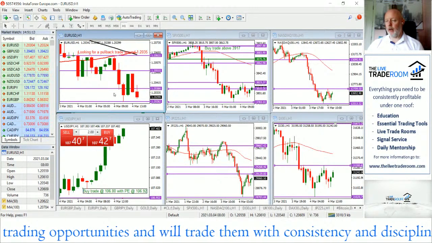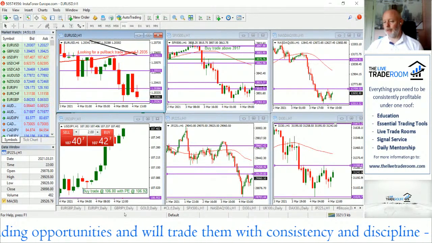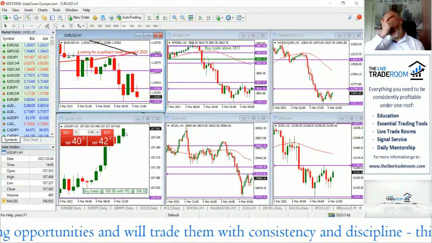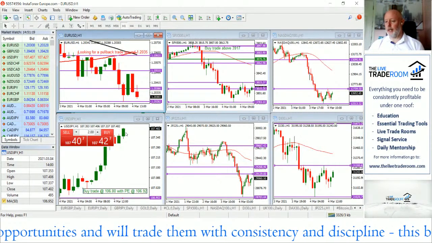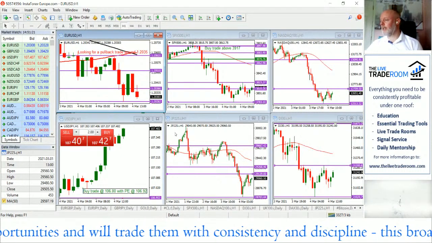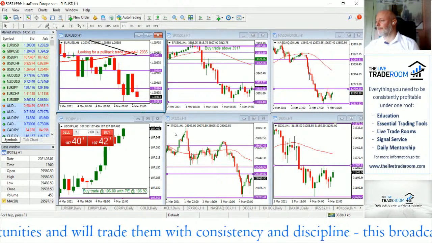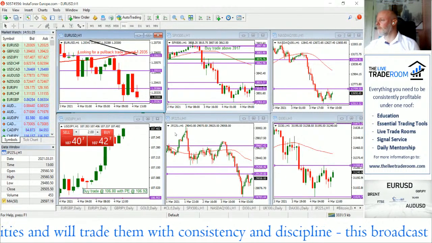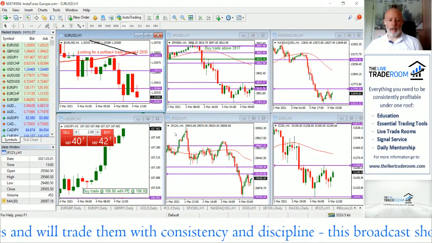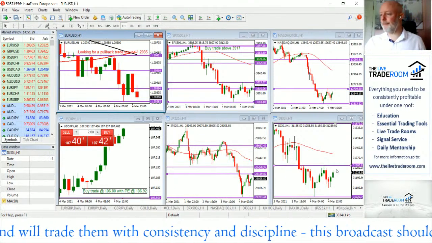There might be a good opportunity for the dollar Swiss, the euro dollar to the downside, should I say. The dollar Swiss is still performing nicely. Yeah, very close to momentum highs there.